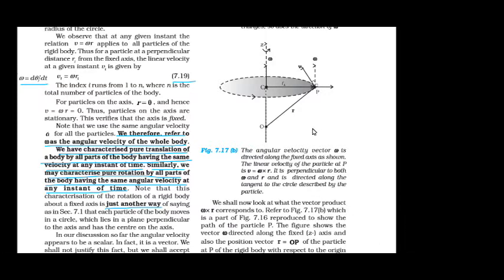So here, if we see this figure, this is the diagram. This is r, this is r i, and this is the omega in this direction, this is v, and we can write v, the linear velocity, is equal to omega cross r, the vector product of omega and r.